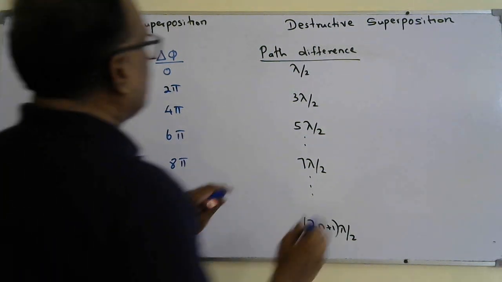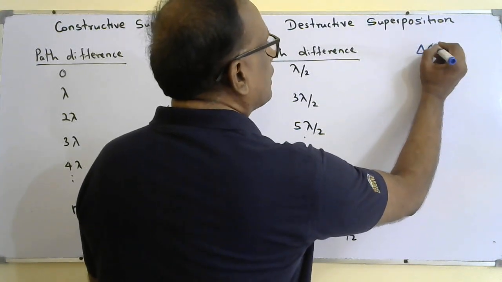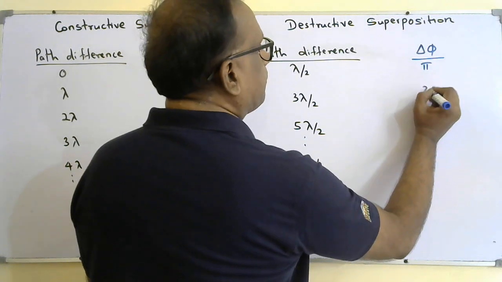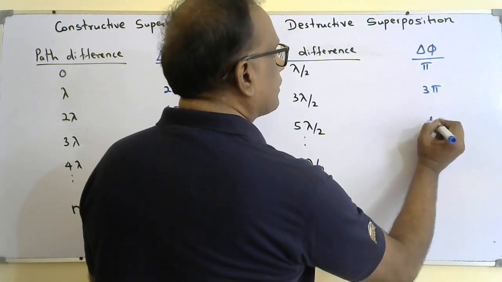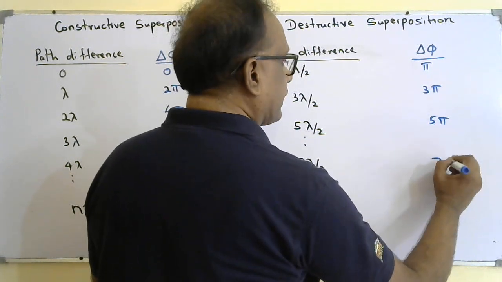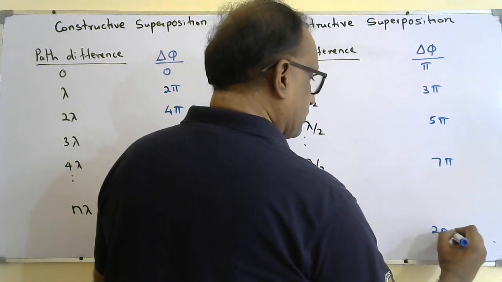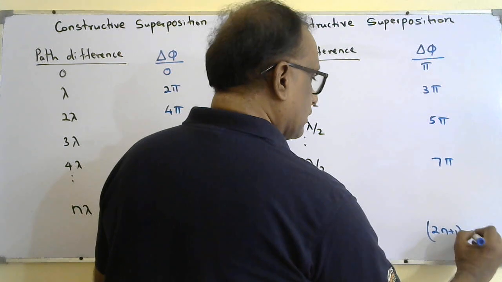In the same way for destructive superposition, if the path difference is lambda by 2, the phase difference is pi, then 3 pi, 5 pi, 7 pi, and in general it will be (2n plus 1) pi.